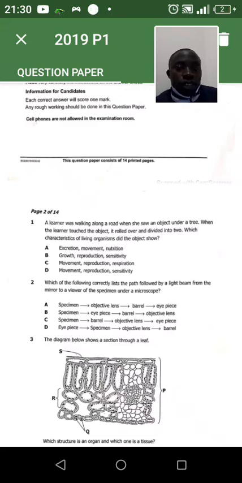So characteristics of living organisms, you talk about MRS GREN, where M is movement, R reproduction, S sensitivity, G growth, N nutrition or feeding, E egestion, C.